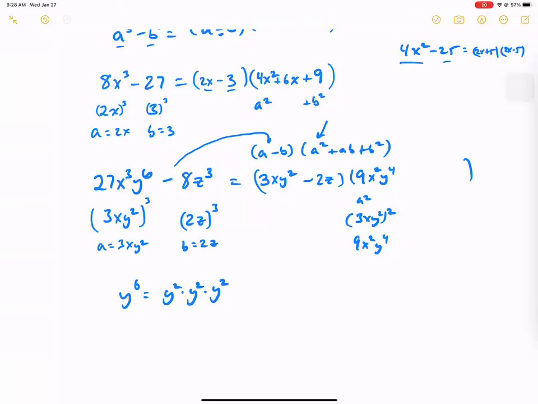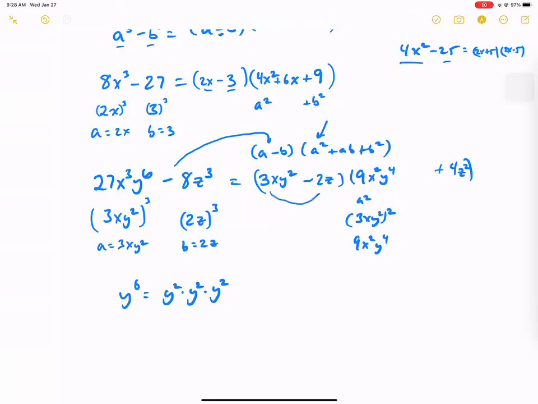And then the back value is 2, so that's 4z squared. 4z squared. And that's going to be a plus. And the last one, we're just going to combine the front and the back together.